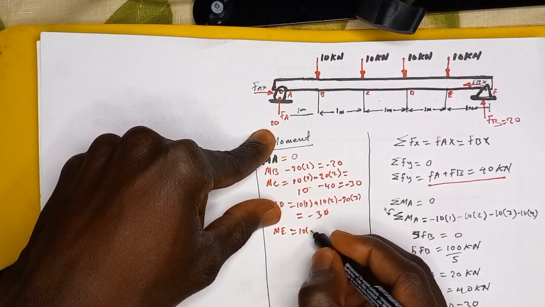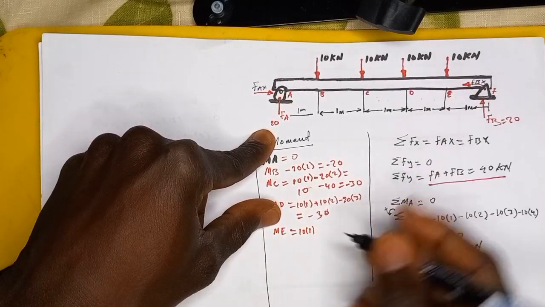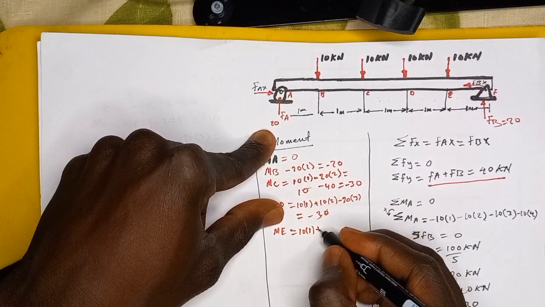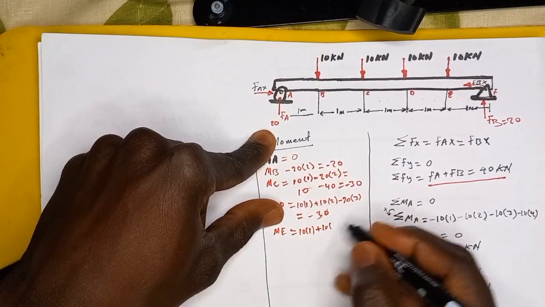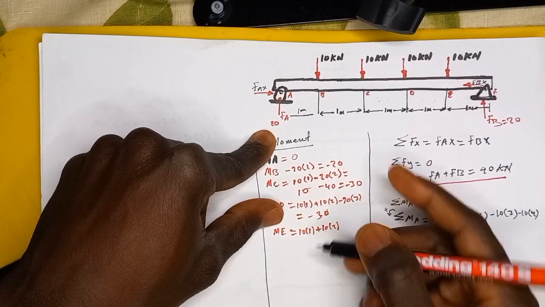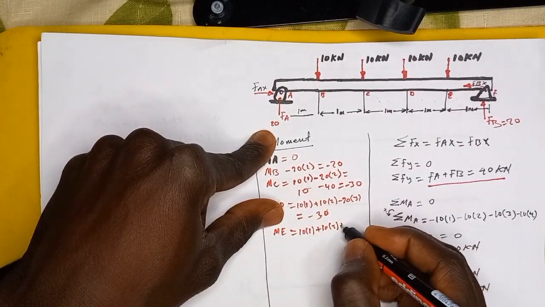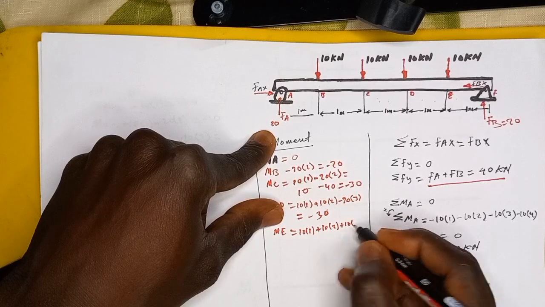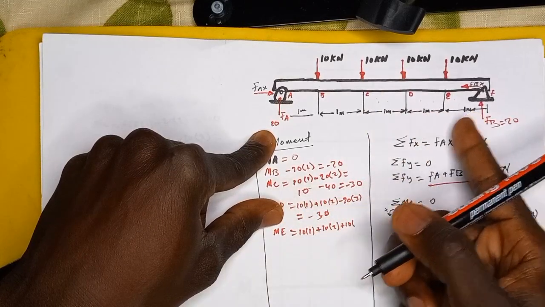We have 10, the distance here is 1. We have another 10, the distance away is 2. We also have another 10, the distance away is 3.